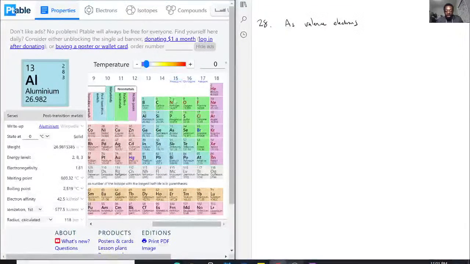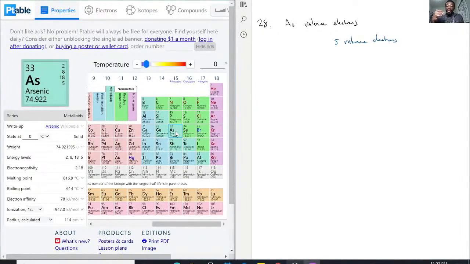Arsenic is indeed on the 15th column, okay? And when you're on the 15th column, typically you can just say right there you have 5 valence electrons. But there's other ways you can show this as well, specifically the electron configuration.